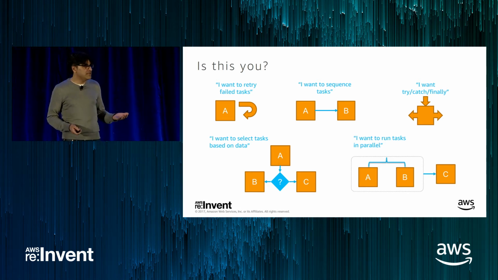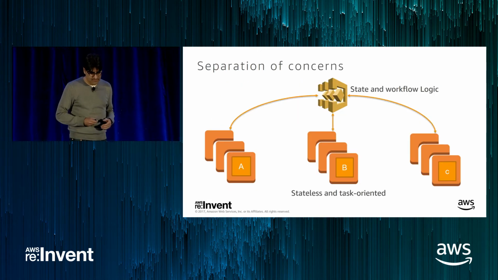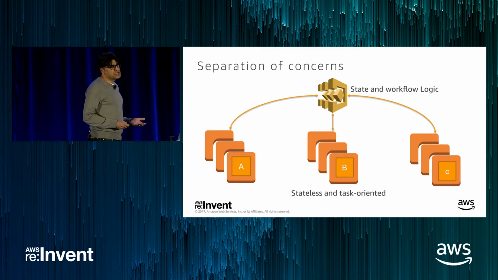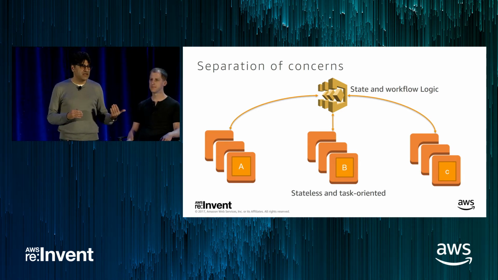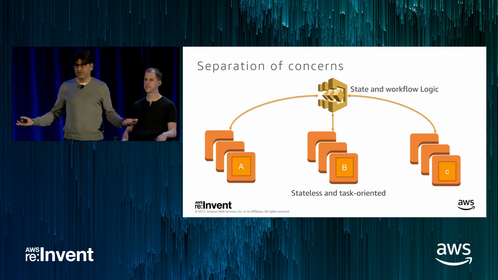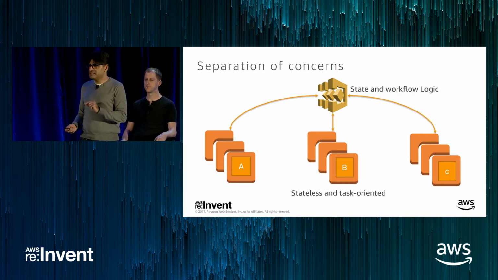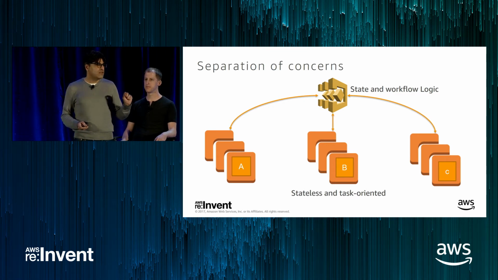Now, certainly you can maintain all this code along with your business logic, or you could choose to separate the things that orchestrate your workflow from the business logic that makes your application unique. We call this a separation of concerns. So instead of each element of your application having a combination of business logic and workflow logic, separate the two. You can make your tasks stateless and focus them on doing one thing well, a single deterministic task.